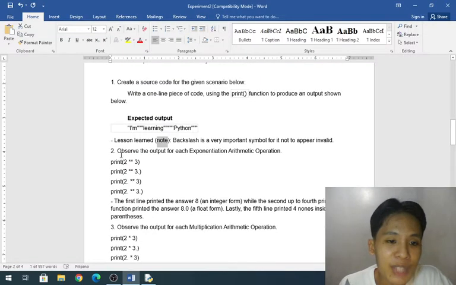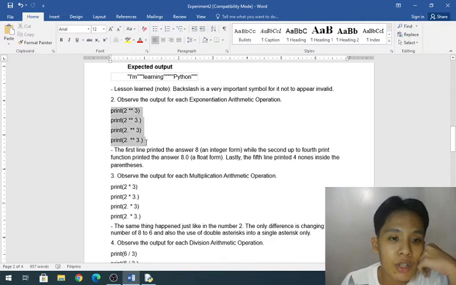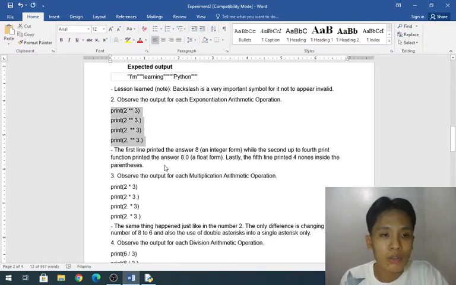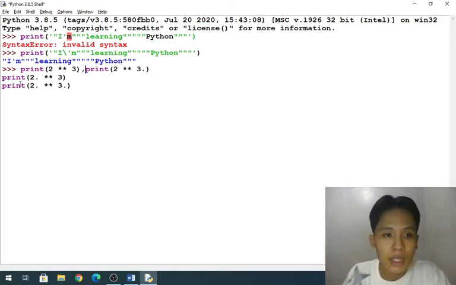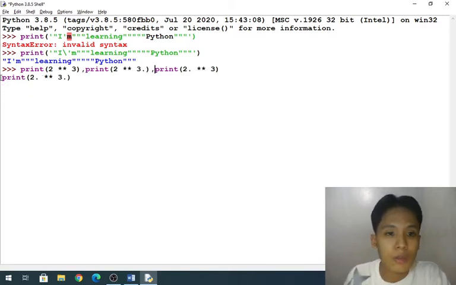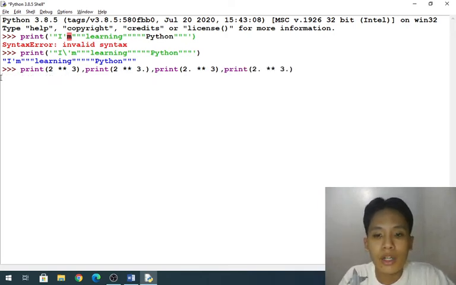So next, number 2, observe the output for each exponentiation arithmetic operation. So for this arithmetic, let's copy, Control C, then Control V, then let's put some commas, then enter.